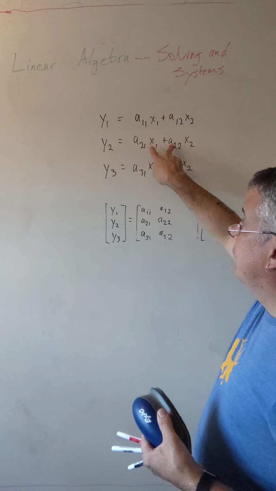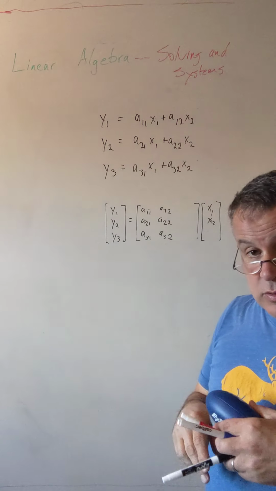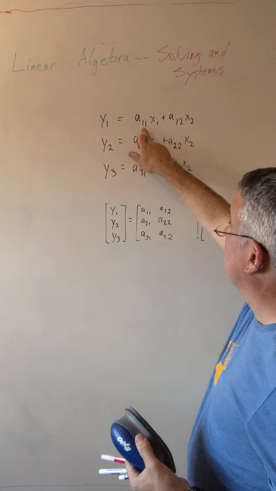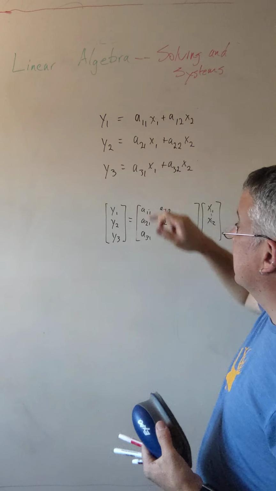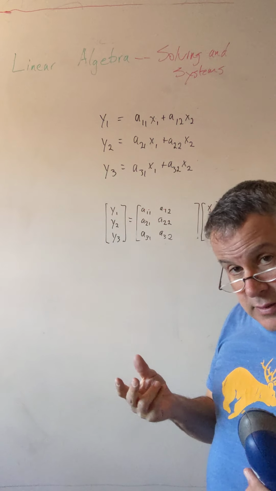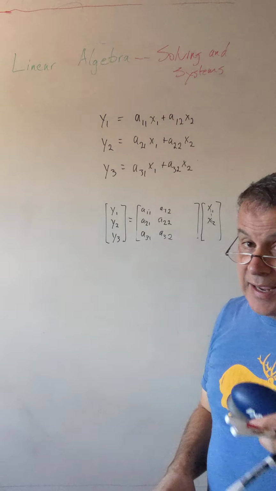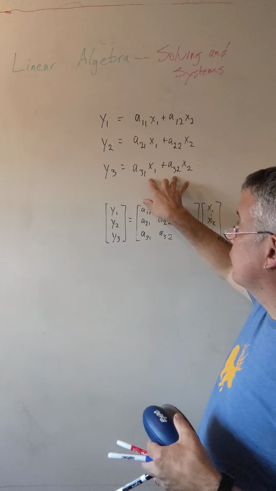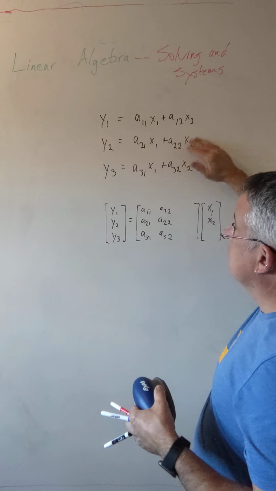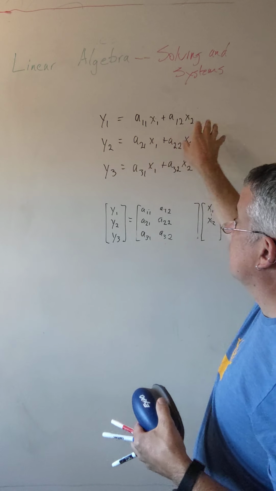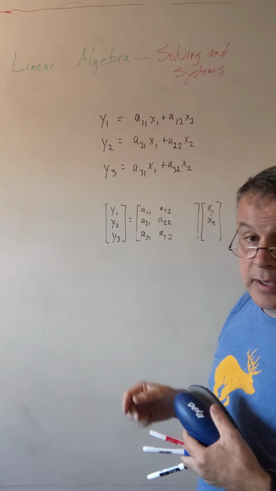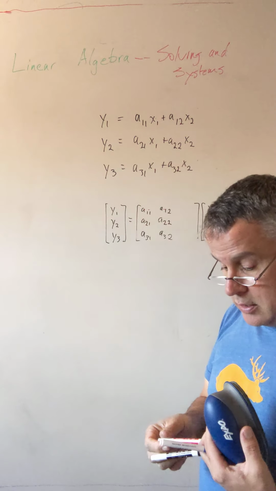But if these were not like that, and say a11 and a12, a21 and a22 were distinct, then a31 and a32 can't be totally distinct, because if it was, we wouldn't be able to solve the subset of equations for y1 and y2 on their own and then just plug into the y3 equation and see.